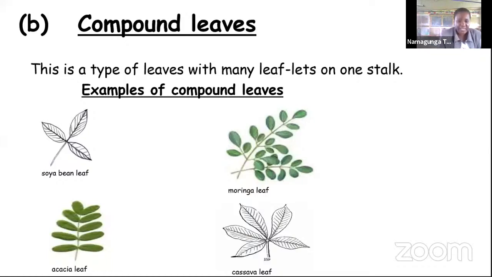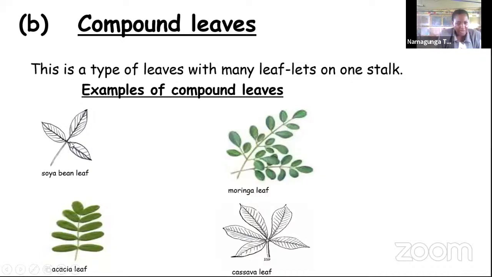The first example they have given us is the soybean leaf. The soybean has some other small leaves. Those smaller leaves are the ones we call leaflets. And each leaf has its stalk.